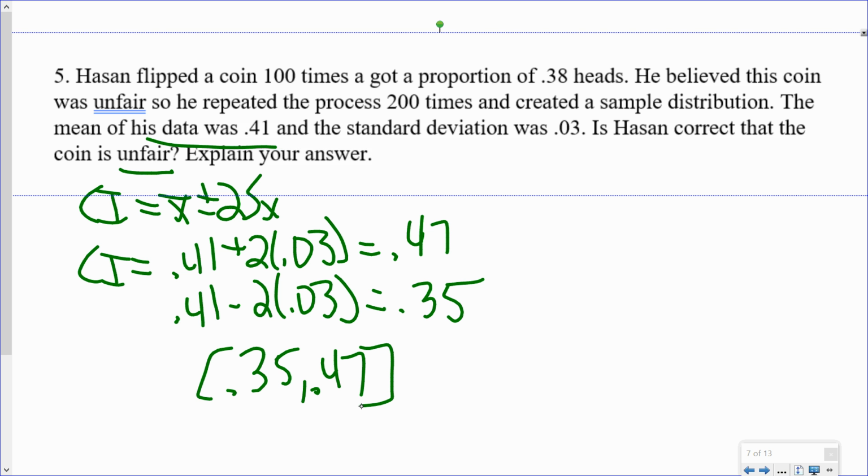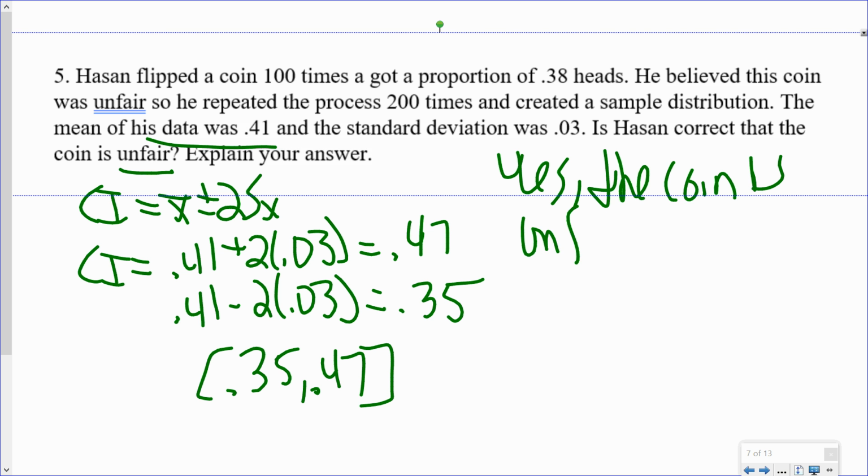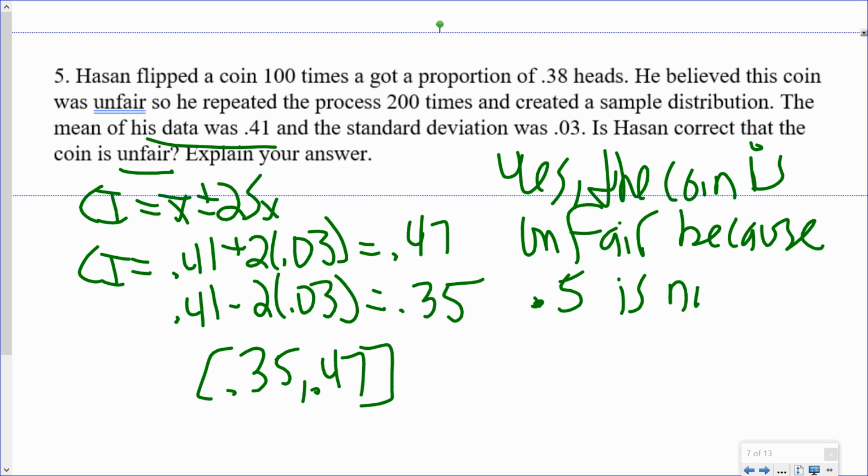So when I flip that coin, it's expected that it's going to land on heads between 35% and 47%. Is 0.5 in the confidence interval? No. So is the coin unfair? Yes, the coin is unfair. Because 0.5, the theoretical probability of getting a heads, is not in the confidence interval.